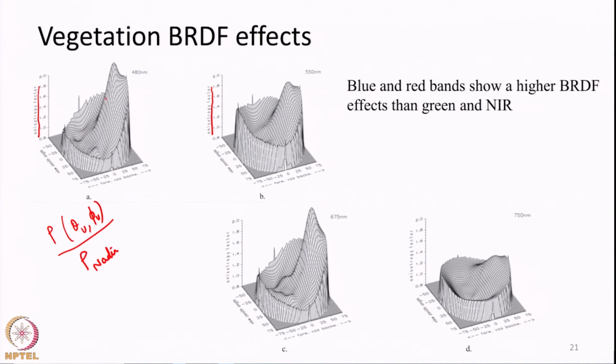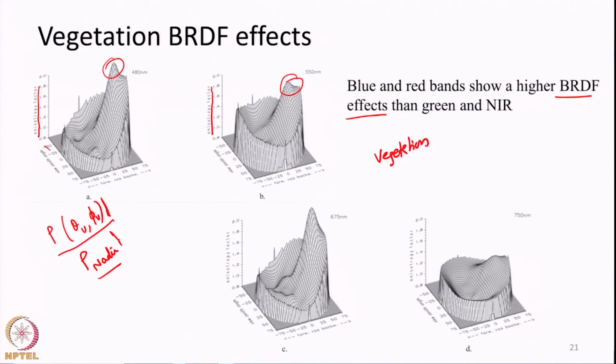So, the reflectance taken from any one particular angle is divided by the reflectance of the same vegetation observed at nadir. If we plot this ratio against the viewing zenith angle and the azimuth angle, we get a 3-dimensional plot like this, which tells us at which angles the anisotropy is maximum. What it essentially means is that the viewing angle of the sensor has a large BRDF effect with respect to vegetation.